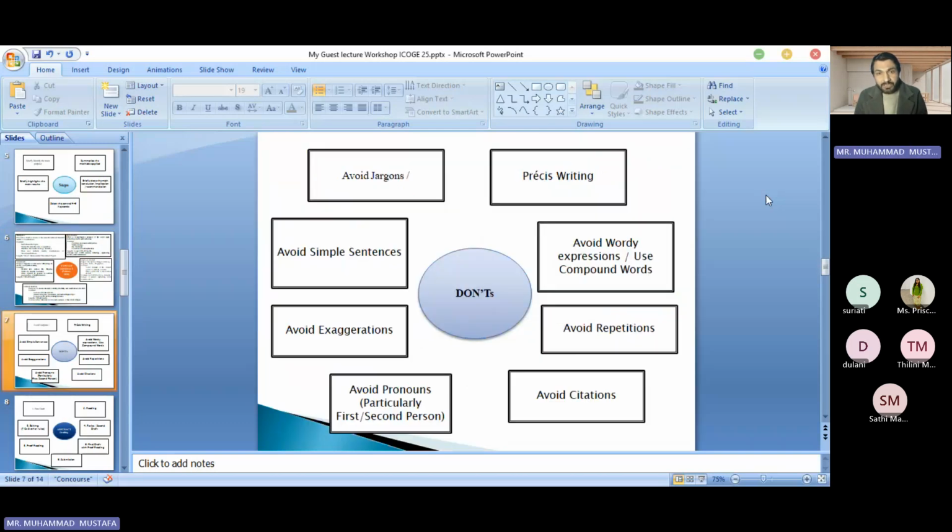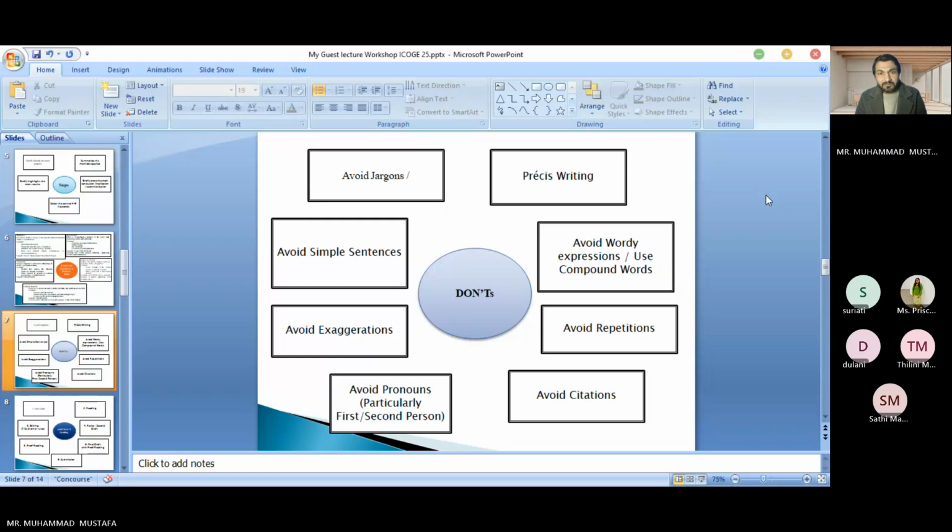Okay, we were discussing the do's, what we need to do or be careful about in abstract crafting. But in this slide, we are going to focus on the don'ts. We should avoid some unnecessary things while crafting our abstract to make it compelling.